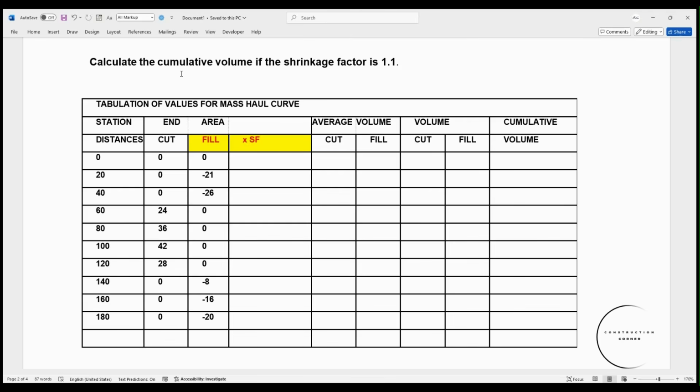I want to put a disclaimer before we continue: the calculations and explanations I'm going to share in this video are based on my own general understanding and personal interpretation. There may be mistakes or variations in how you approach these calculations.